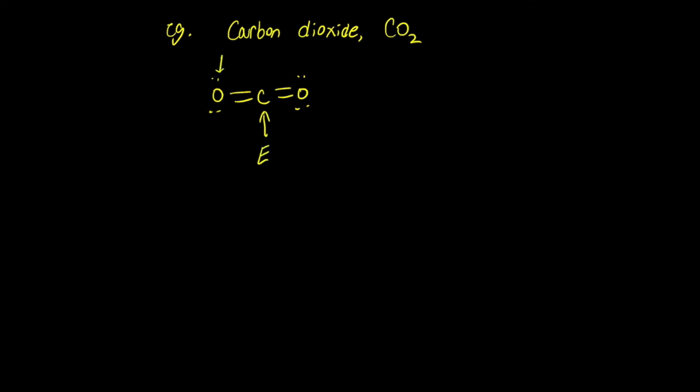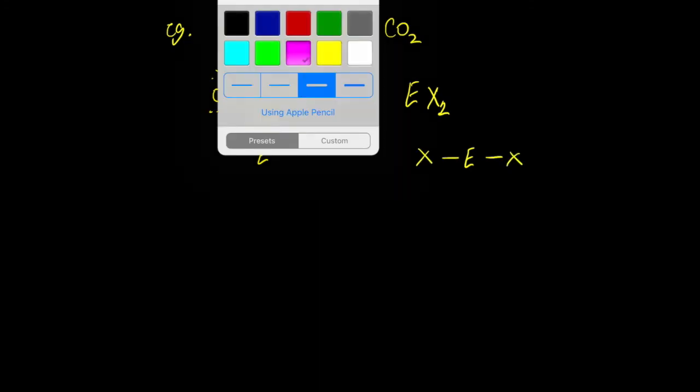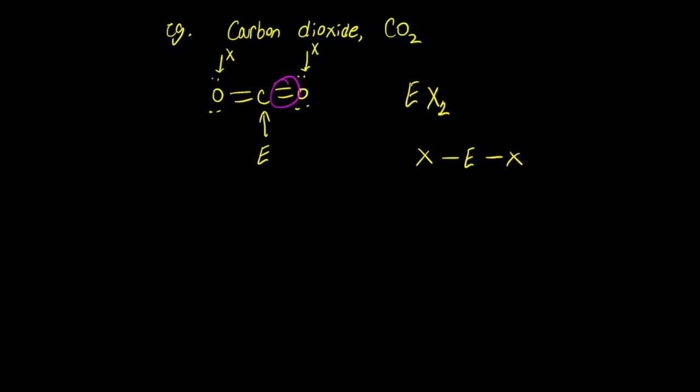Each of your oxygen atoms are X, all right? And there's no lone pairs on the central carbon. This also has the general formula EX₂, or a central atom E bonded to two atoms X. Now, it is technically bonded by a double bond, but it doesn't matter, okay? X is a group or atom. All right, it's just an atom.